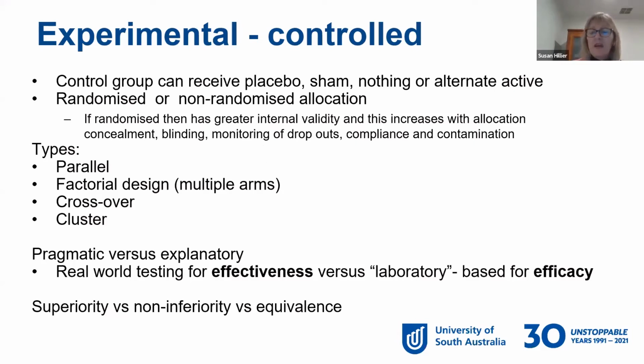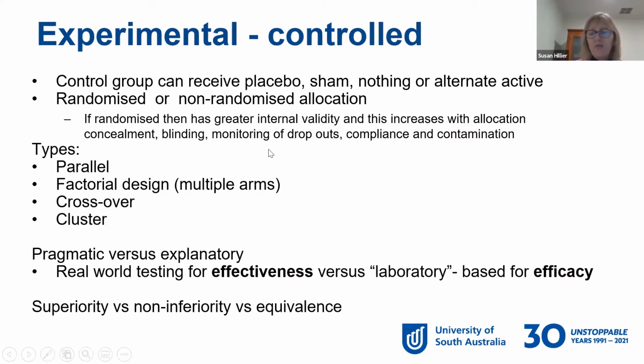And that therefore the allocation itself is administered by somebody who cannot influence the allocation. So this is usually somebody independent of the recruiter, independent of any other of the research staff, and therefore cannot unduly influence which group a potential participant is allocated to.